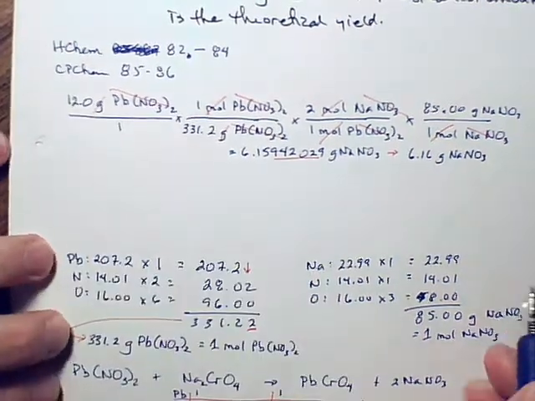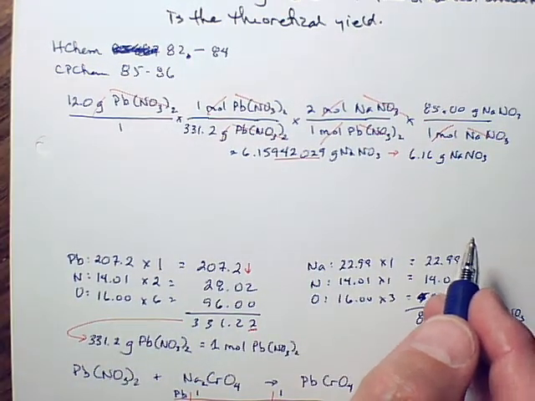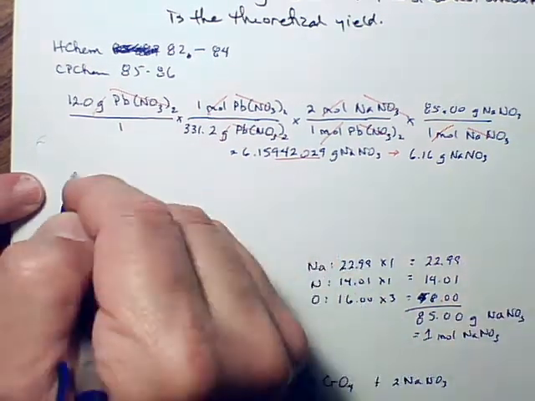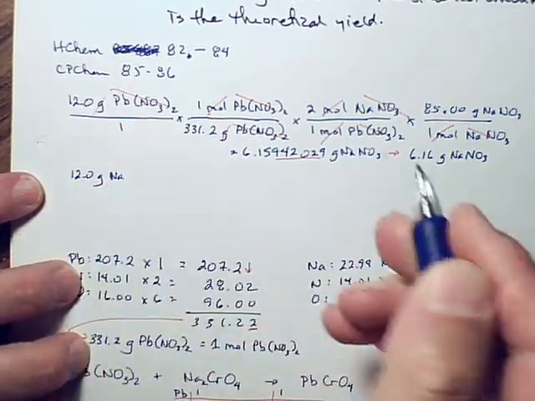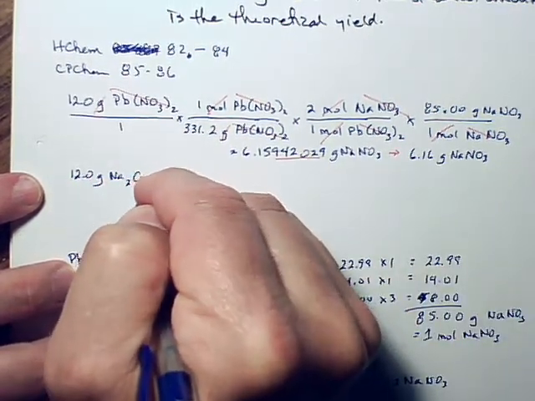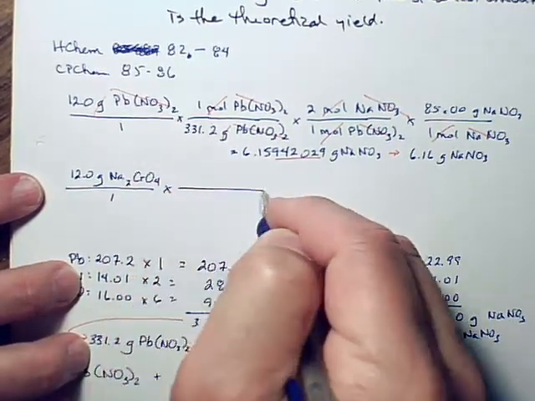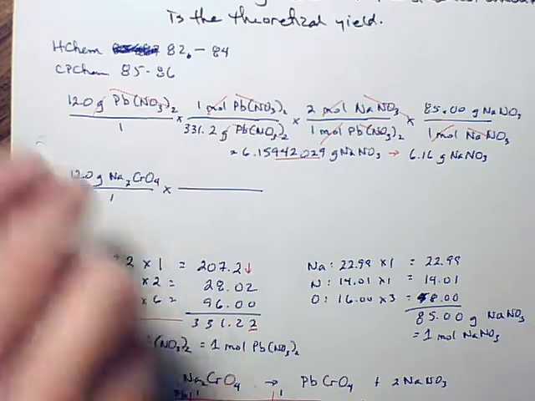How do you know you have 12 grams? Because the problem says 12 grams of each, doesn't it? Of each reactant? Yeah. Okay. So now we need the molar mass of sodium chromate, and we don't have that yet, so we have to calculate that.